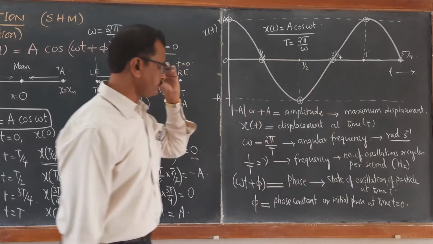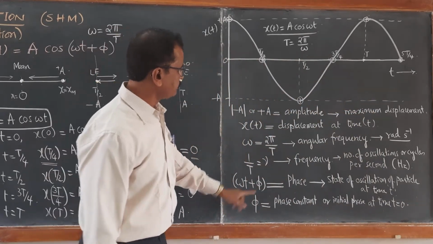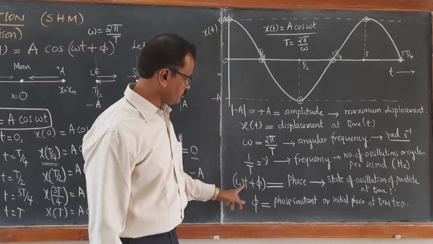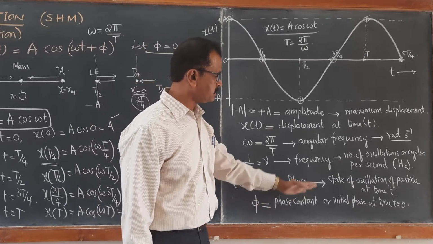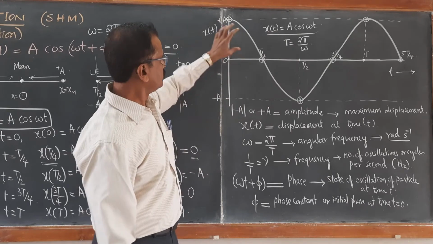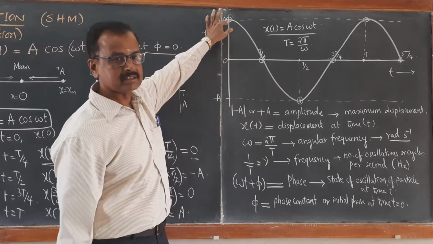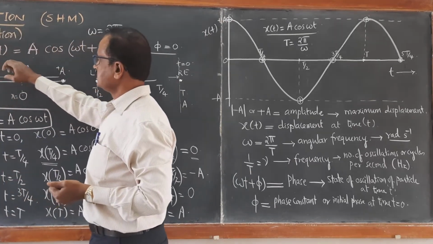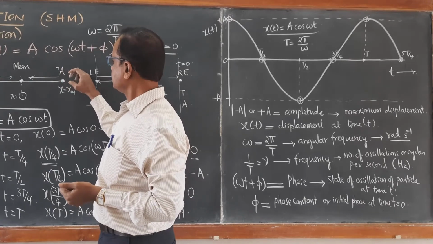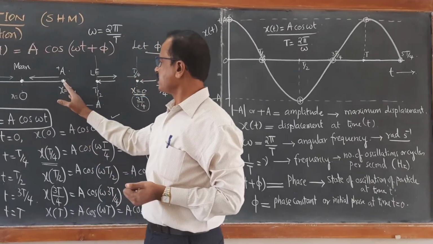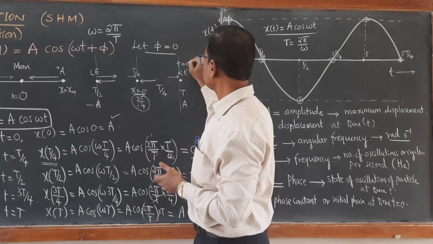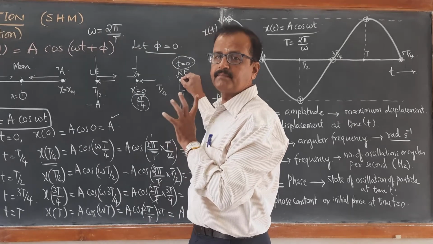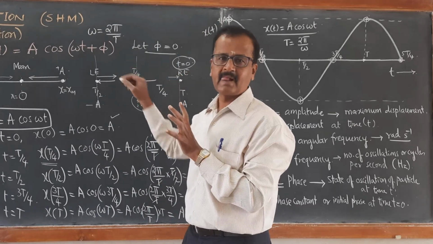You see from this graph, we have taken phi equal to 0, so the phase constant here is 0. At time t equal to 0, the particle starts from maximum displacement. We have stretched this block to the maximum displacement and then released it, starting to count the time at t equal to 0 from here.